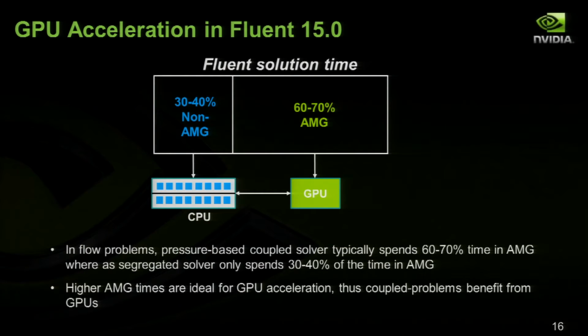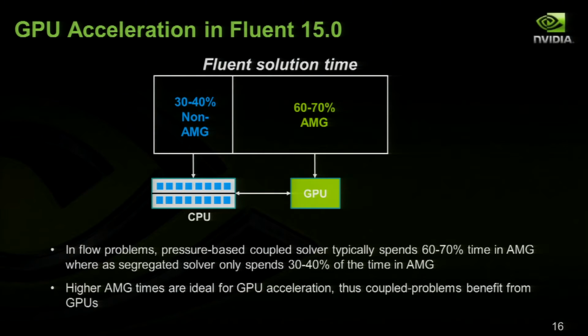The coupled solver typically spends a lot of time in the AMG. So you would typically see 60 to 70% of the time going to AMG when you switch on your coupled solver. And that makes the rest only 30 to 40%.